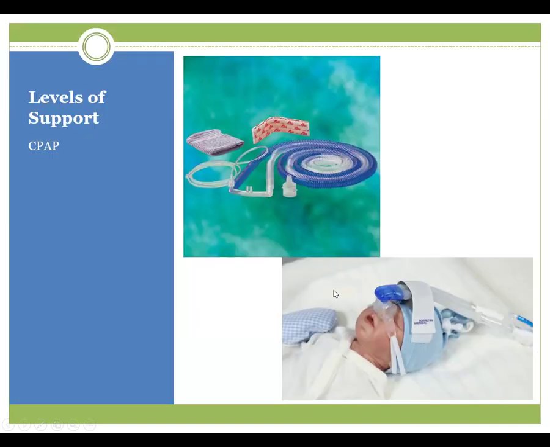Now there's different levels of support. The most basic being, and I didn't put it on here, oxygen delivery by blow-by, okay, little mask, or nasal cannula. Okay, so in the delivery room, we can do blow-by oxygen if it reaches that point.